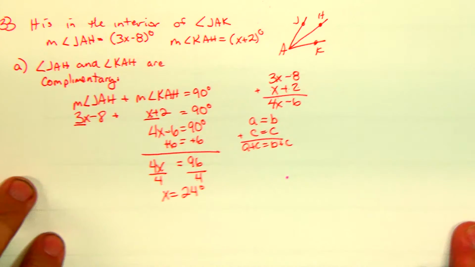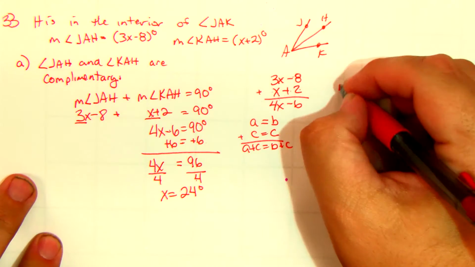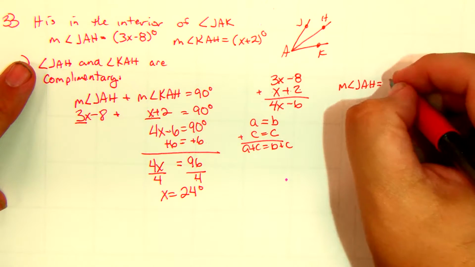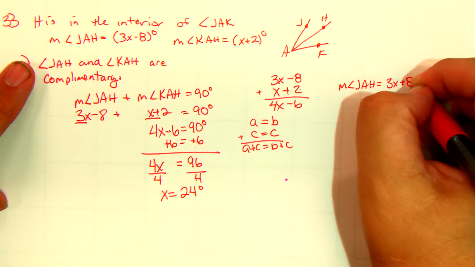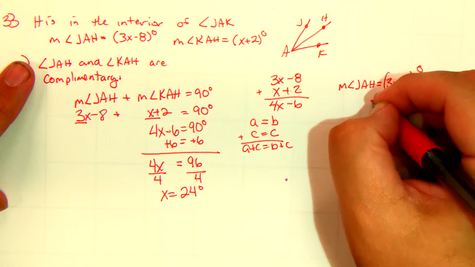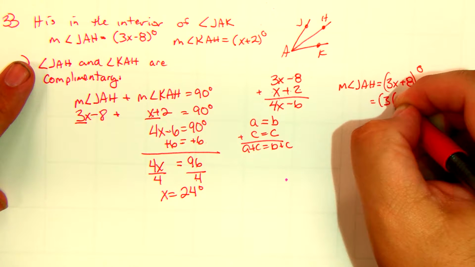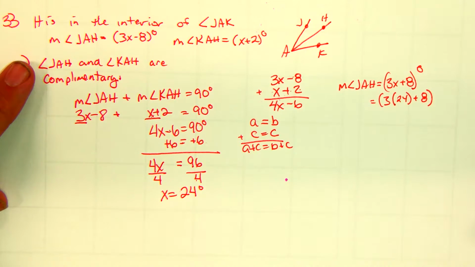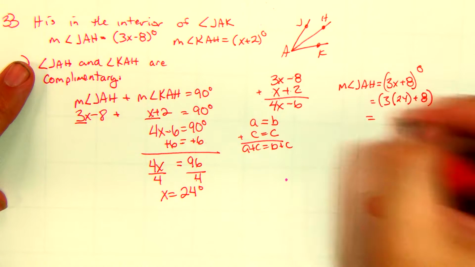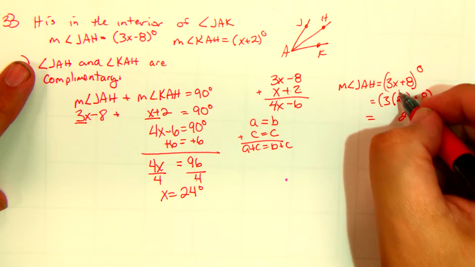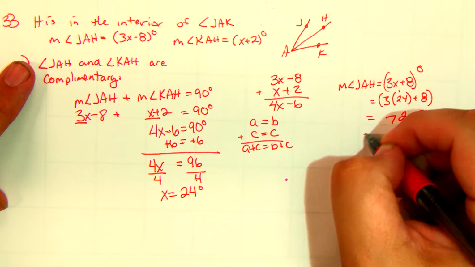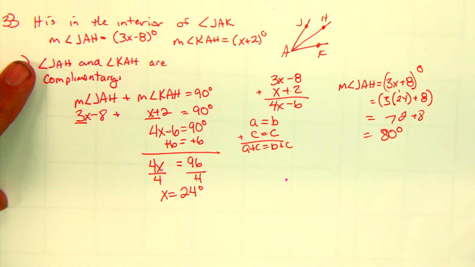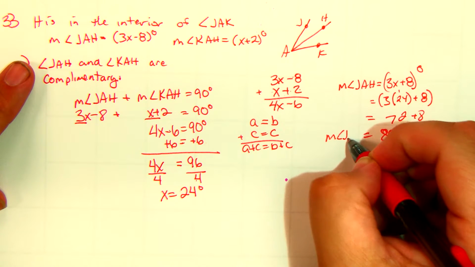No, I got to say the measure of angle JAH is equal to 3x plus 8 degrees. So it's going to be 3 times 24 plus 8. That's 72 plus 8. So how much is this angle? 80 degrees. So the measure of angle JAH is equal to 80 degrees.